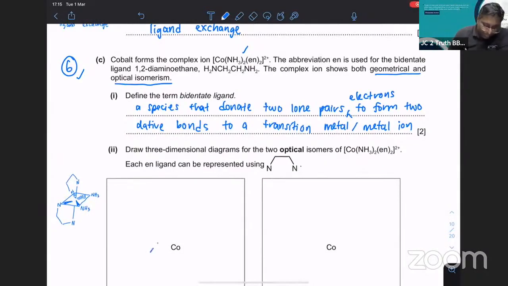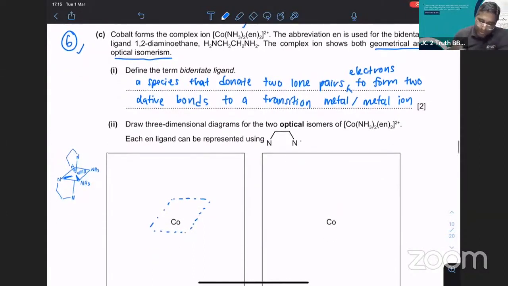If I want to draw the octahedral shape, I will draw something like this. So I have the ammonia, 2 ammonia. Let's say I want to show it in the trans form: ammonia over here, and then ammonia over here, NH3. So this is a trans.